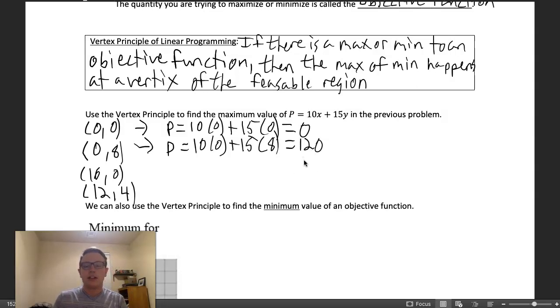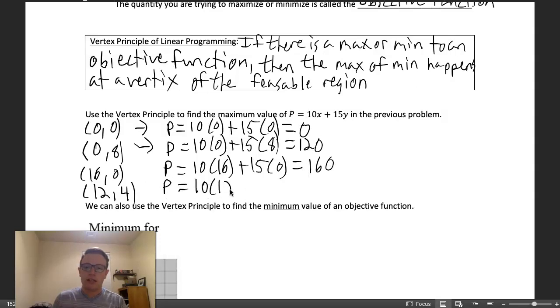So that's looking the largest so far. Let's try 16, 0. P is equal to 10 times 16 plus 15 times 0. That's going to give us 160. So that's looking like the largest. And what about this last one at 12, 4? That would be 10 times 12 plus 15 times 4.